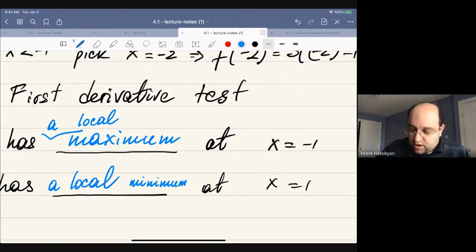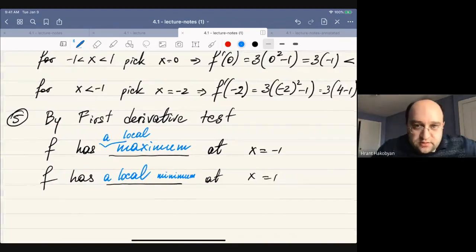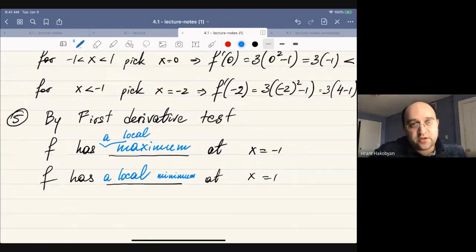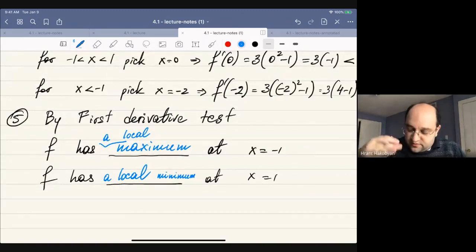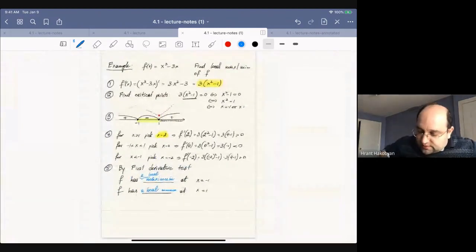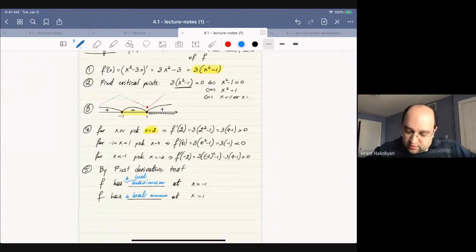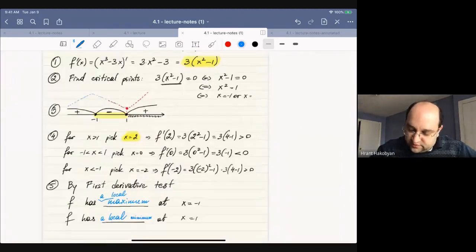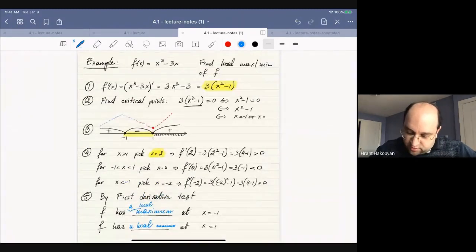Okay. So again, just like last time, I'm going to send you both the lecture video and the notes. So what we did again: we did all these steps, found the derivative, set it equal to 0, drew a line with the critical points, and then found these intervals of increase and decrease.